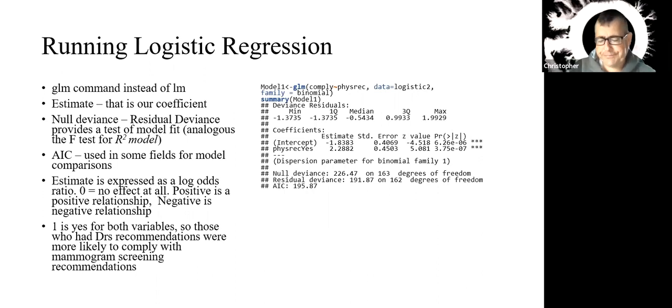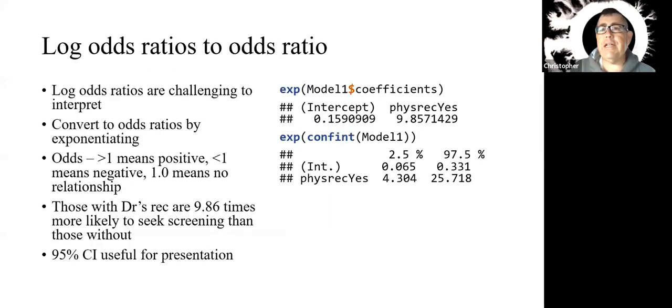In particular, the piece where we're talking about log. So 2.29 log odds. What does that mean? It doesn't have the clear interpretation that we get from an odds ratio. For that reason, we tend to convert and report our estimates in terms of odds ratios rather than log odds ratios.